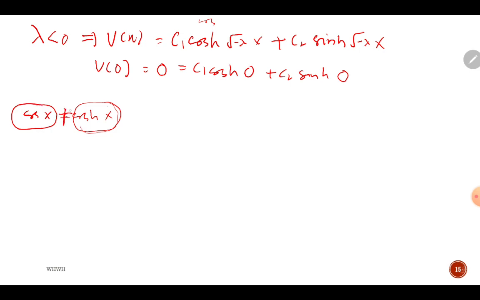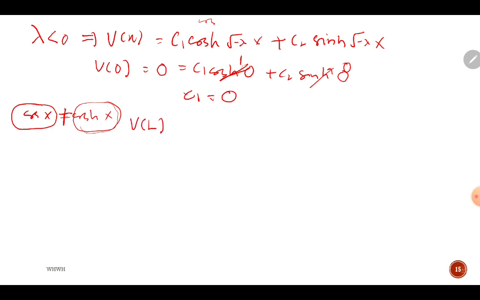You may refer to the calculator, ataupun saya ada bagi dalam sheet tu definition of cosh and sinh function. So cosh 0, fortunately, is 1. Sinh 0 is 0. So dari sini kita dapat macam tadi juga, C1 is equals to 0.